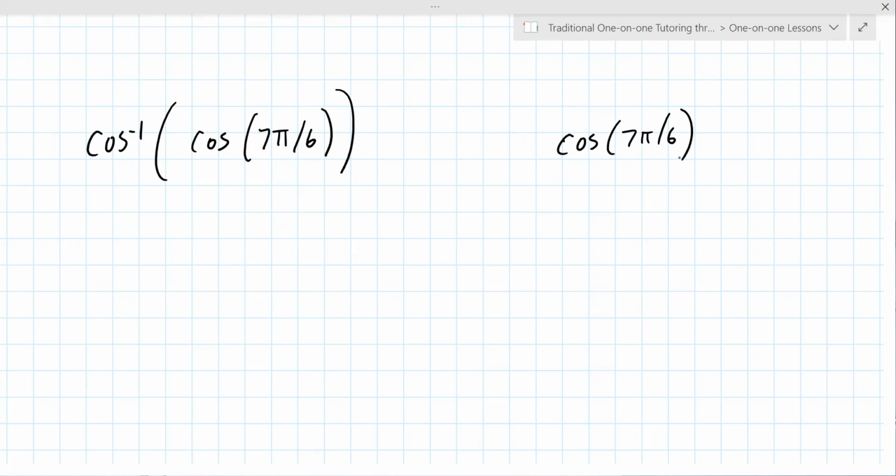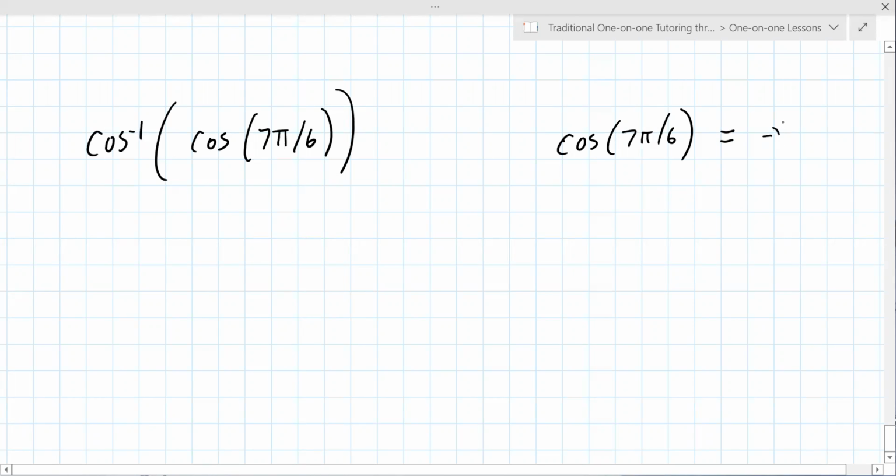It is 1/2. No, not 1/2. Negative root 3 over 2. Good. So this is now the cosine inverse of minus root 3 over 2.